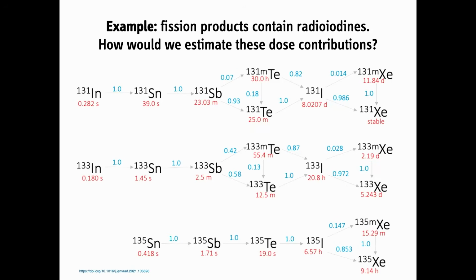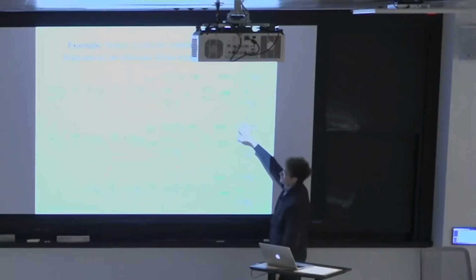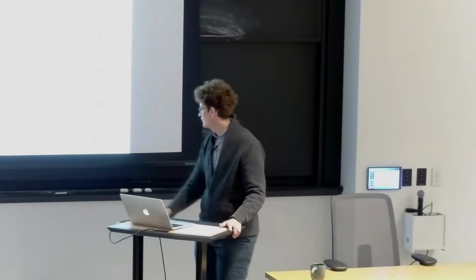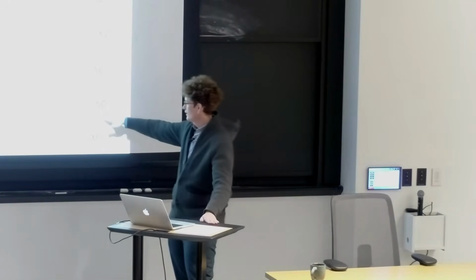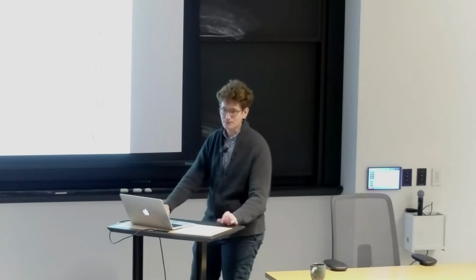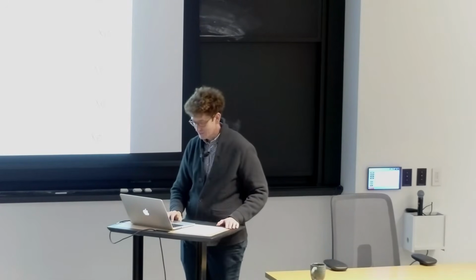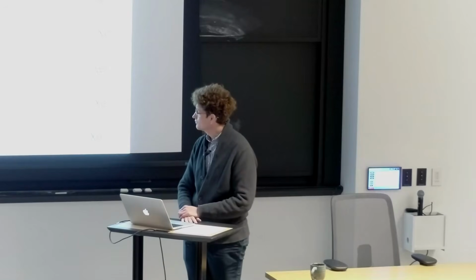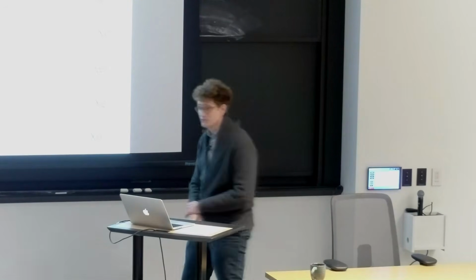The long-lived xenon isotopes are actually less problematic because they're noble gases and you have a high chance of them escaping from your body. But for some of these shorter-lived xenons, whether that atom will escape within 15 minutes, probably unlikely. So this is the other big source of dose after cesium.